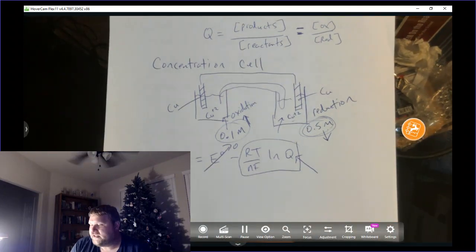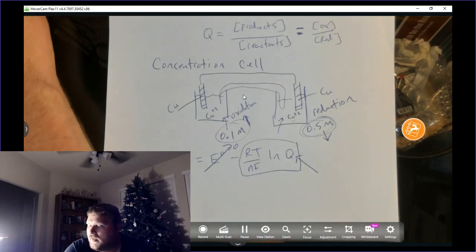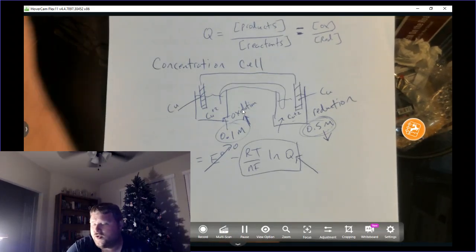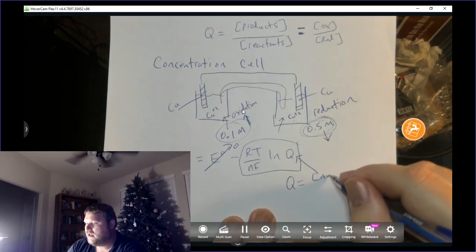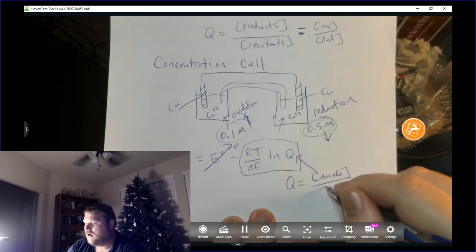And so it sets up as the anode and the cathode. Once again, your oxidation is going to create ions. And since the oxidation is creating ions, this Q term tends to be anode over the cathode.